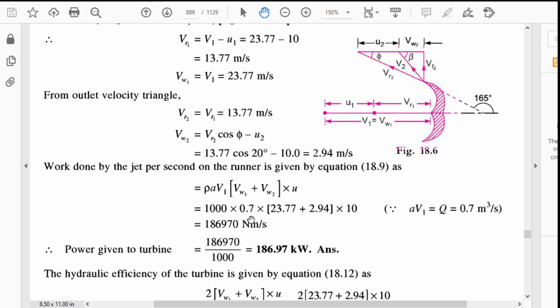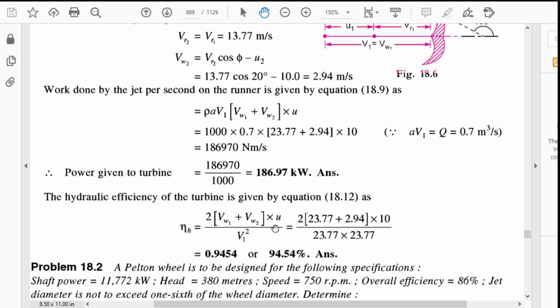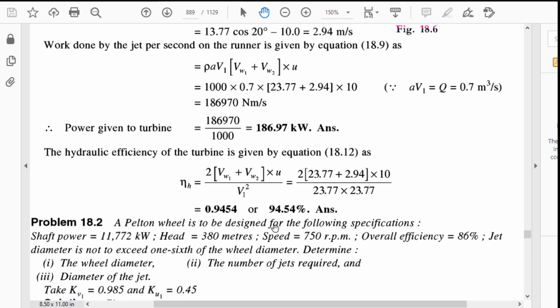Now substitute all the values here, you will get the work done as 186,970 Newton meter per second. Now by using work done we can find out the power given to the turbine as work done divided by 1000. 186.97 kilowatts is the power to the turbine.